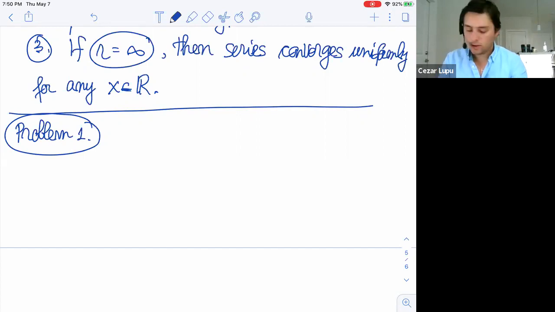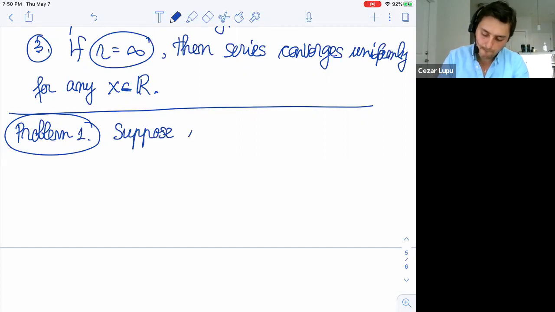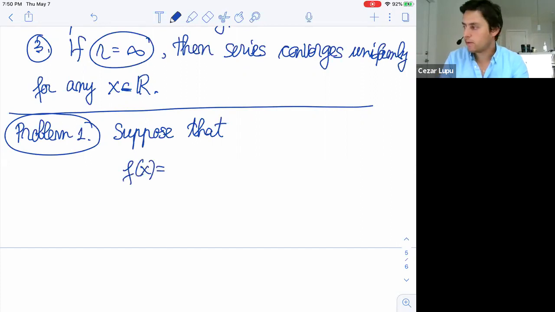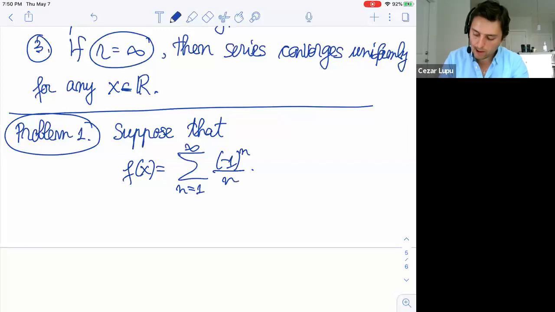Problem 1 says, suppose that f of x is the sum from n equals 1 to infinity, this time, of (-1) to the power n over n times x to the power n.